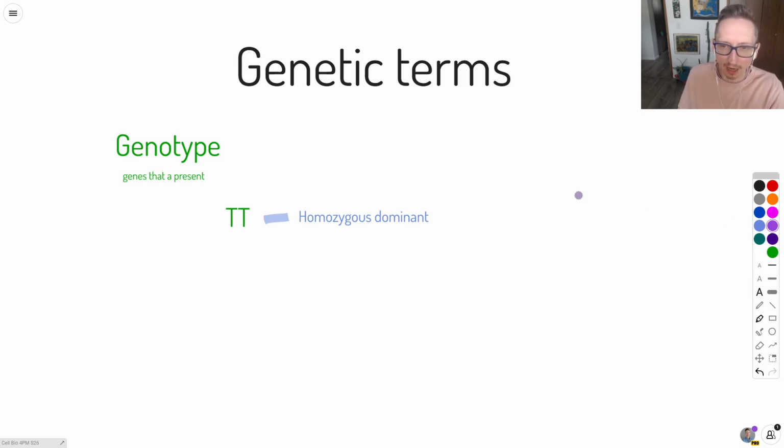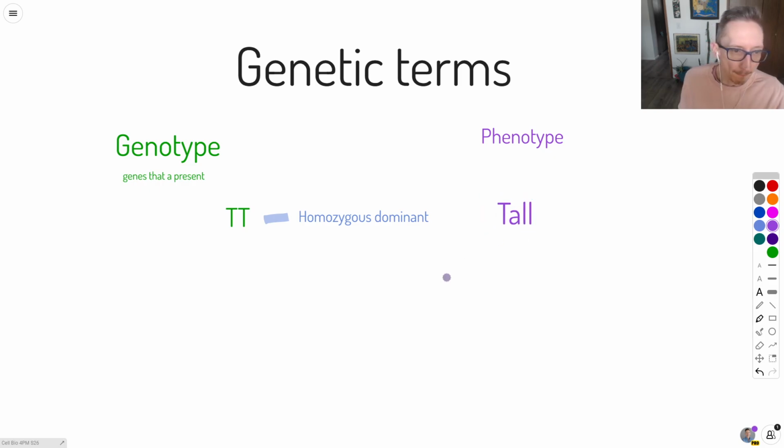Okay, and then over here we have the phenotype. Pheno means like what is seen, what is made, what is manifest, like phenomenon. Okay, so in this case, the plant will be tall. That's the phenotype.